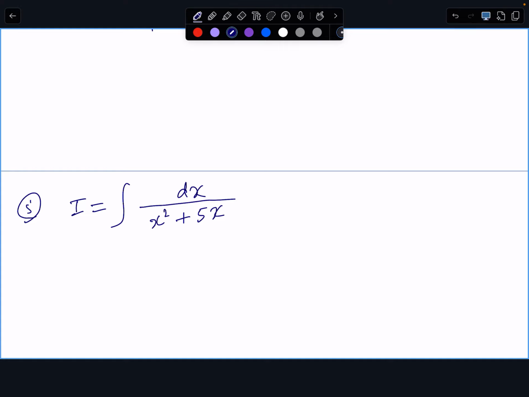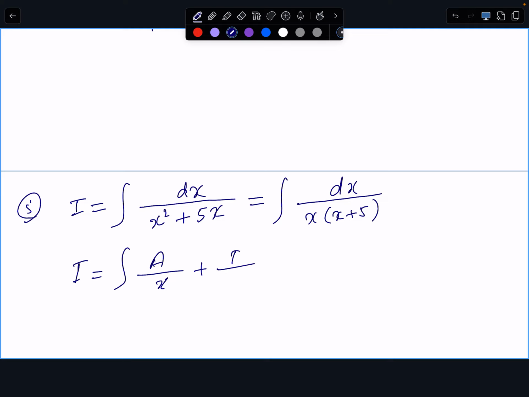So we factor. What is going to be the factor here in this case? X minus 1, x plus 5. So I is going to equal what? A over x, B over x plus 5.